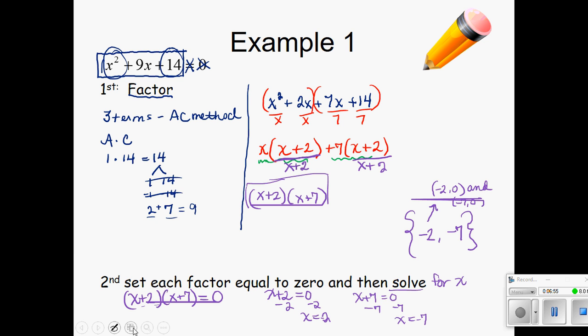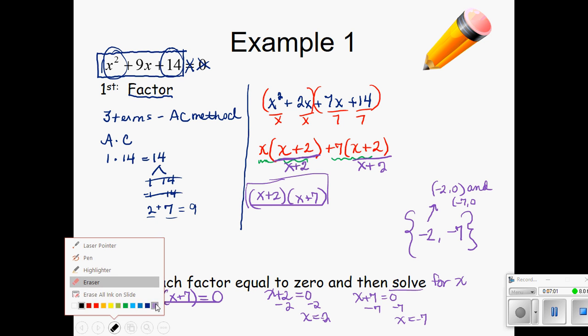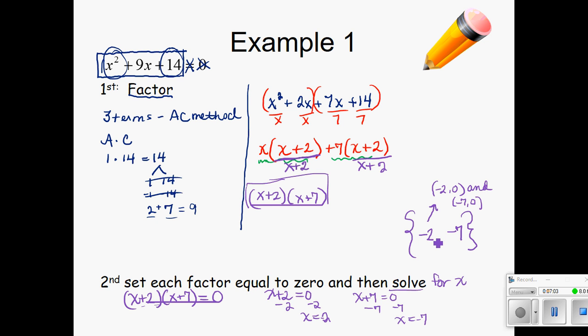We just want to make sure that we don't write these solutions as an ordered pair, because it's not an x and a y. It's two separate x's. So you can either just write the two separate x's like this, x = -2, x = -7, you can use the squiggly brackets, or you can write them in ordered pair form.